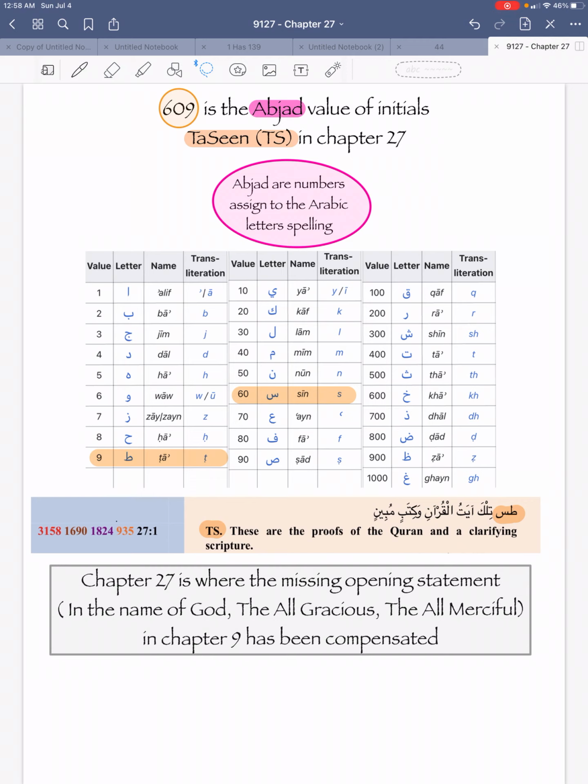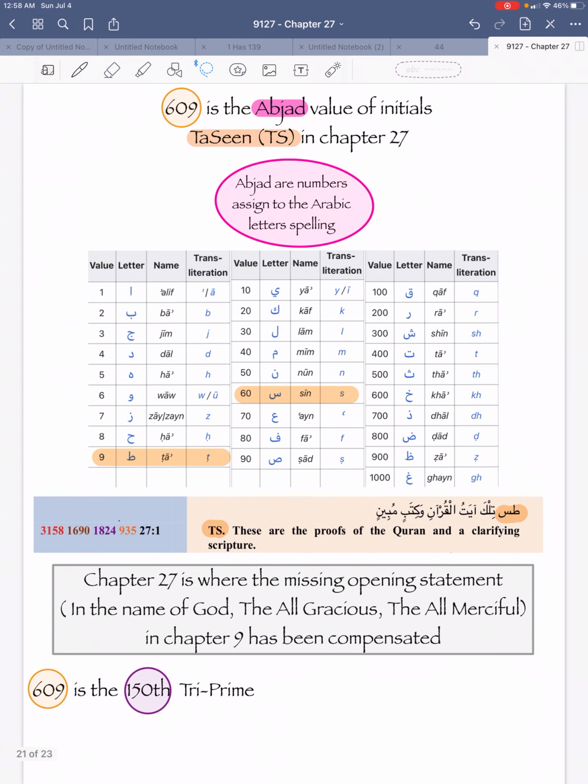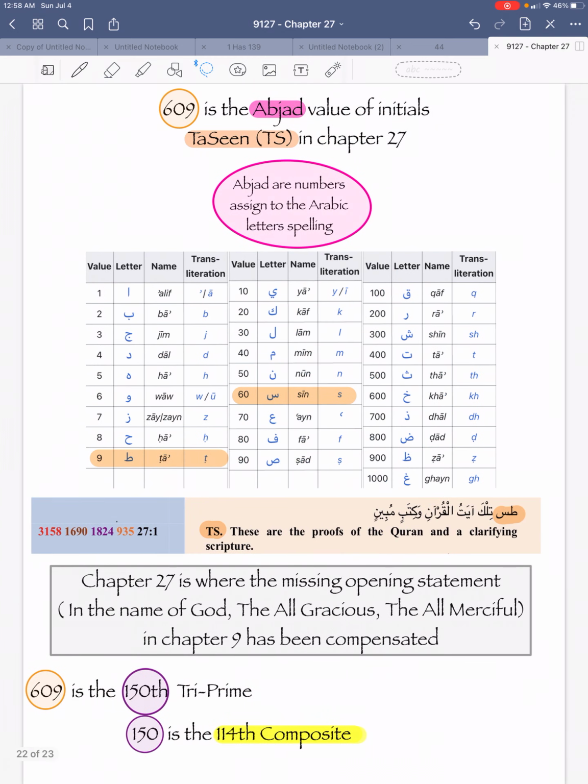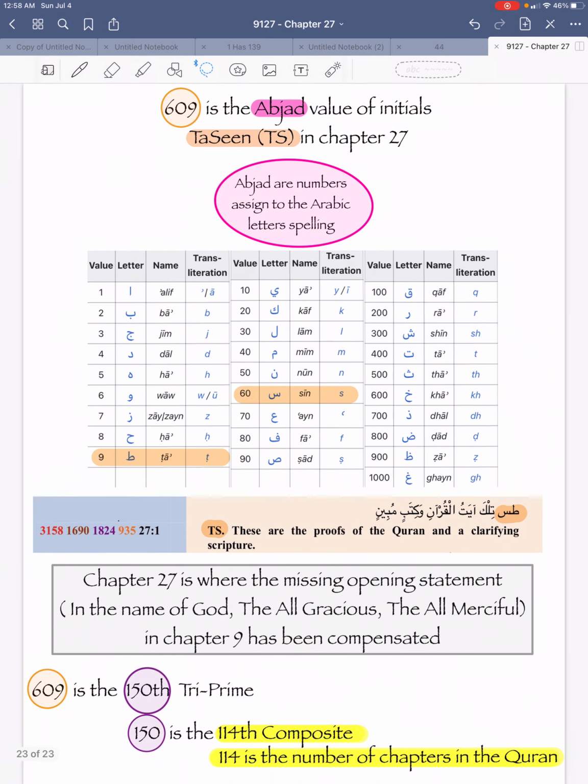So God mathematically, via 9127, is telling us the chapter where the missing Bismillah in chapter 9 should be, in chapter 27. Well, 609 is also the 150th triprime, and 150 is the 114th composite. And as we know, 114 is the number of chapters in the Quran.